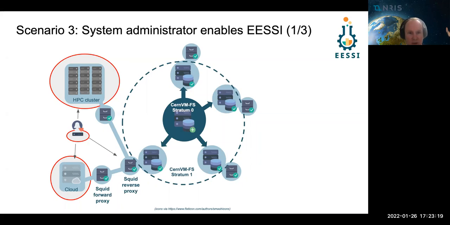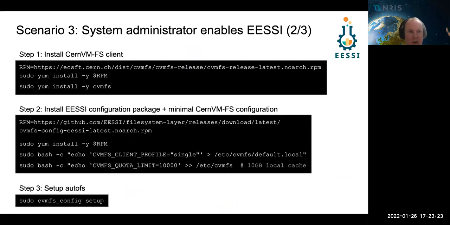You just have to install some client, the CernVMFS client. That's the first step: you get it from CERN. Then you have to install the EESSI configuration package, and also do some configuration of the client.